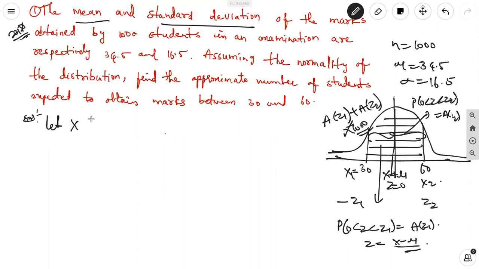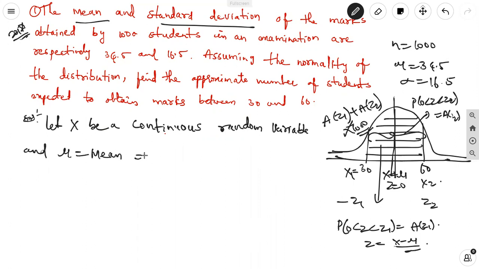Let capital X be a continuous random variable, and mu is equal to the mean, which they have given as 34.5, and sigma is equal to the standard deviation, 16.5.